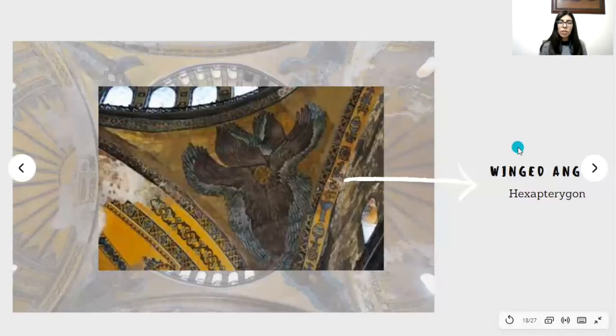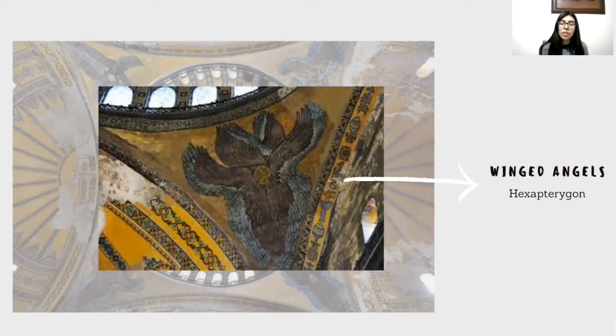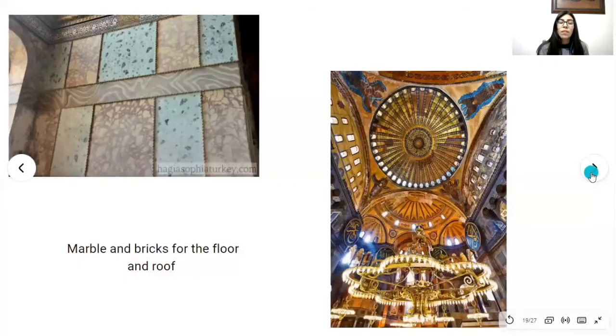As I mentioned before, the new Hagia Sophia has different and very particular characteristics compared to the last one. For instance, the marble for the floor and the roof was imported from different places such as Turkey or Syria, and the bricks were brought from North Africa.